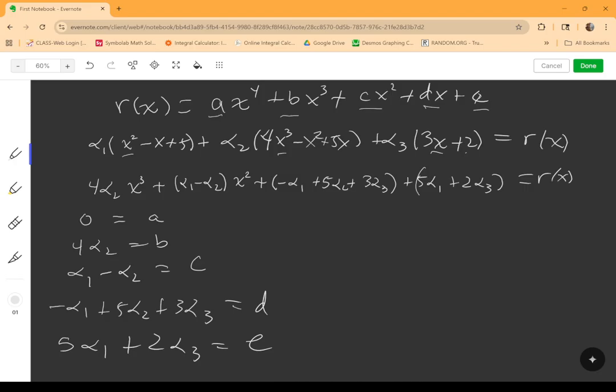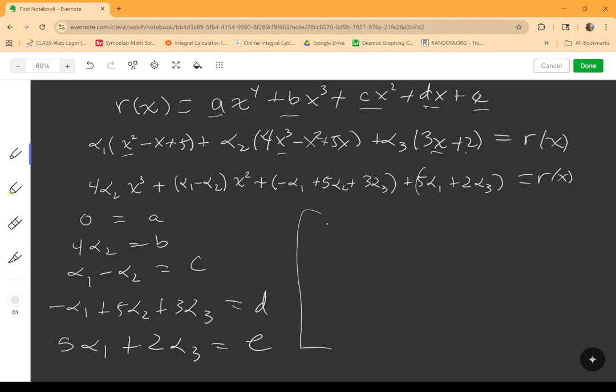The key point here is that membership in a span always reduces to a question about the consistency of a linear system. Now again, it boils down to: is this system consistent? We could set up here, and I'll write this in reverse order in my matrix just to show what happens in that last column.